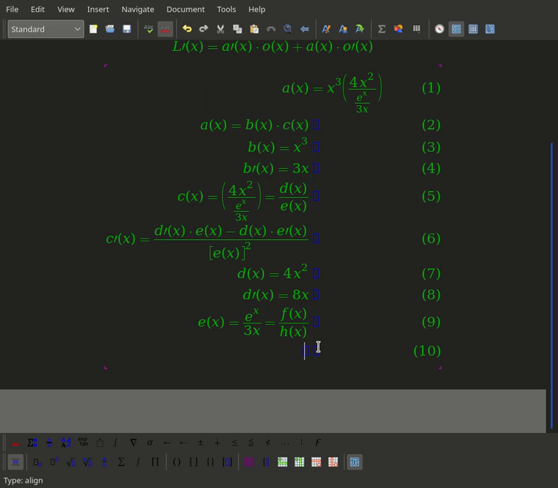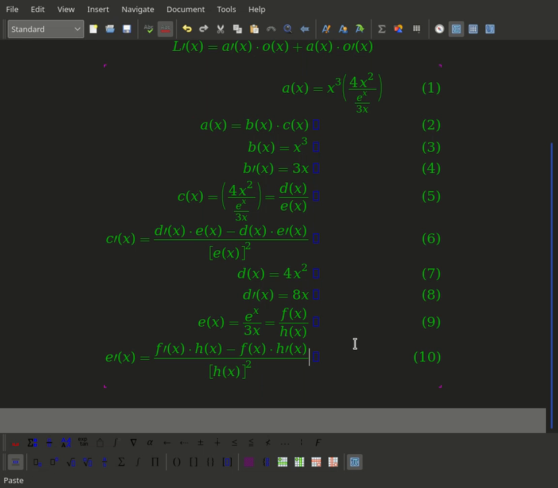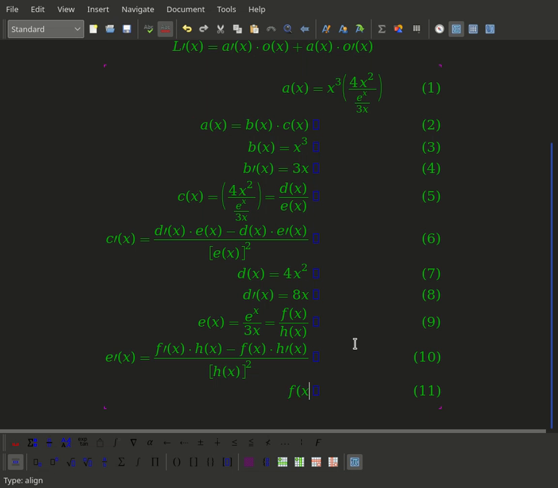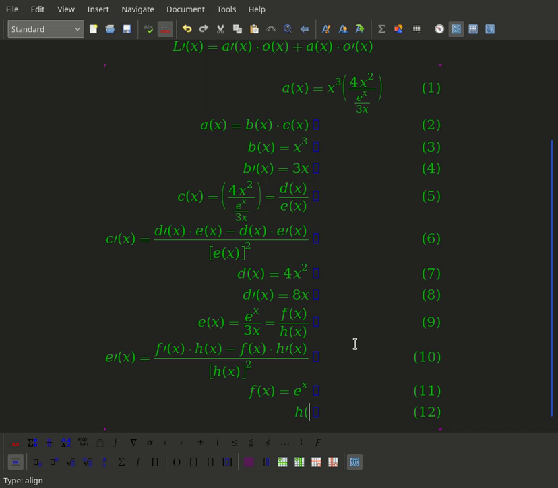So with e of x obviously being a quotient rule type thing, then we know that e prime of x is going to fit that pattern. I copied and pasted that out of a different window again. So we'll break that down into f of x is equal to e to the x, and h of x is equal to 3x. Those are pretty easy to find derivatives of.